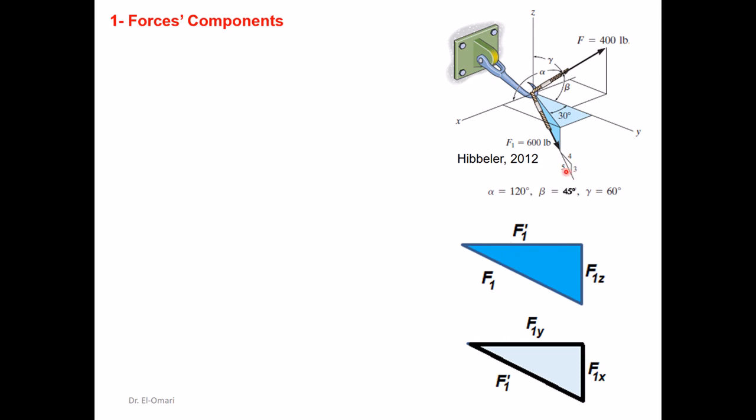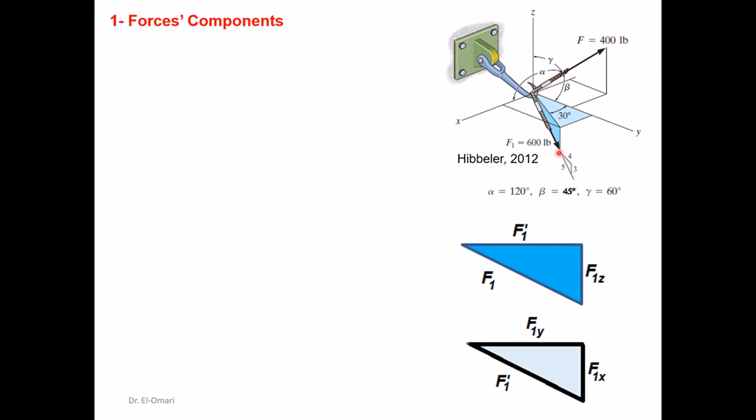3, 4, 5. So we can start by finding the F prime and Fz, which will help us later to find, using F prime, the F1x and F1y. To find F prime is to use the 4 over 5.